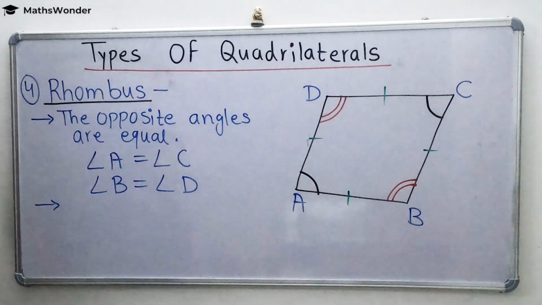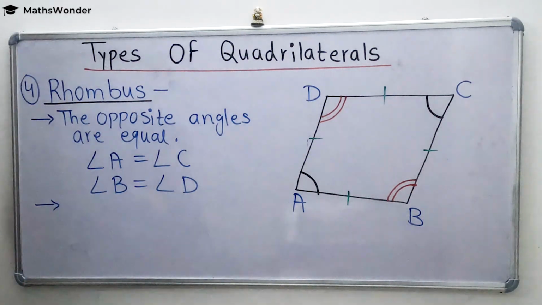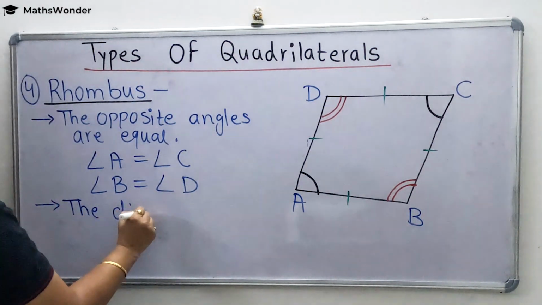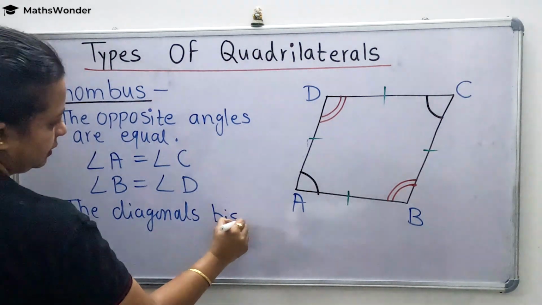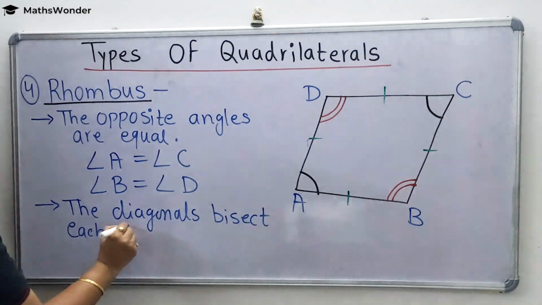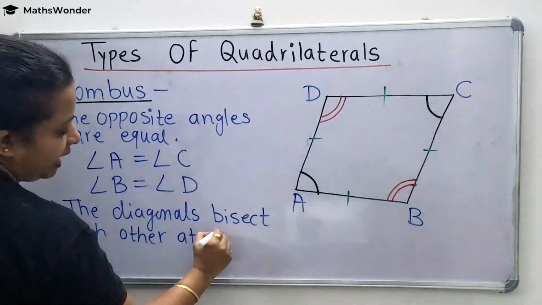Now the fourth property. The diagonals of the rhombus bisect each other at 90 degrees, at right angle.